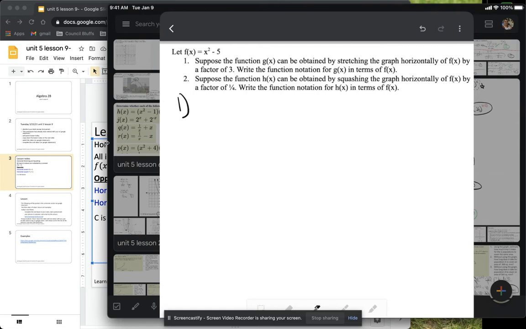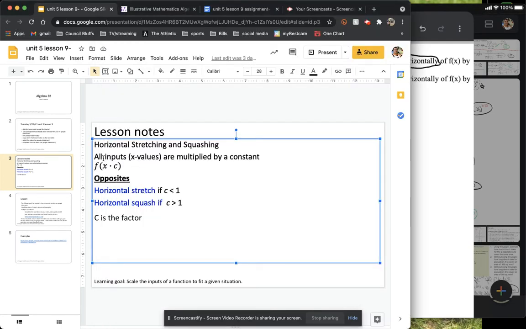So the key in this case is that we're stretching the graph horizontally. So I'm going to circle that. And the factor is 3. So what that tells me, according to my lesson notes, is that the multiplication is going to go inside the parentheses, and I'm going to do the opposites.